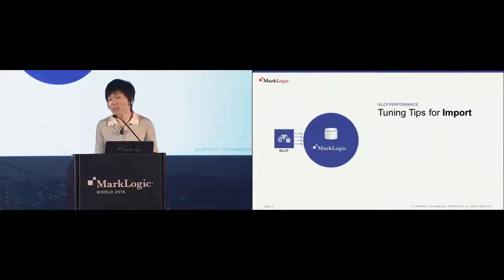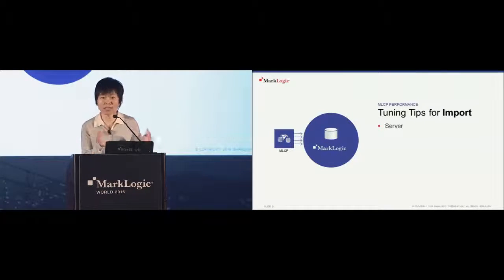So any MLCP job tuning starts with server settings. For import, you want to make sure that you have the right index settings and a good number of forests. And remember that MLCP wants to connect to the D nodes. So if you have E/D node separation, you want to have the app server properly configured for the D nodes.